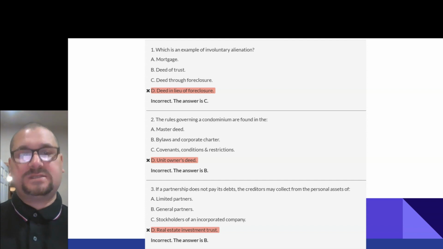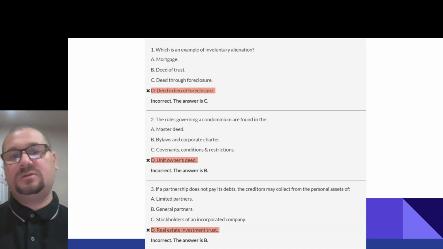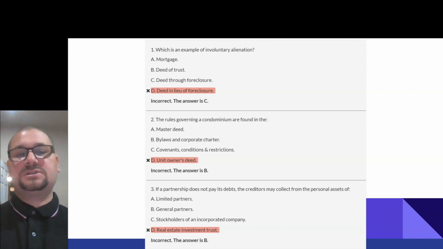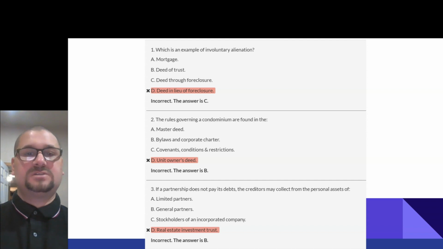So is it in the master deed? No, that's not where the rules are. Covenants, conditions, and restrictions? No, that was for an HOA, not a condo. Unit owner's deed? No. So the bylaws and the corporate charter, that's where the governing rules for a condo are located.